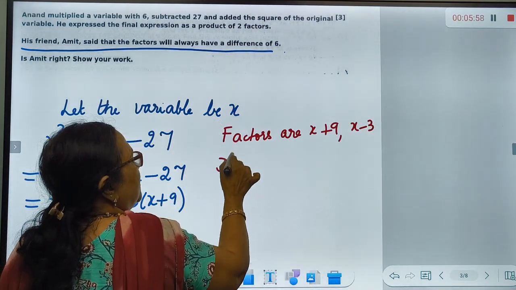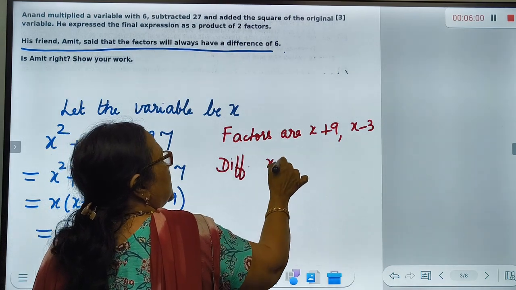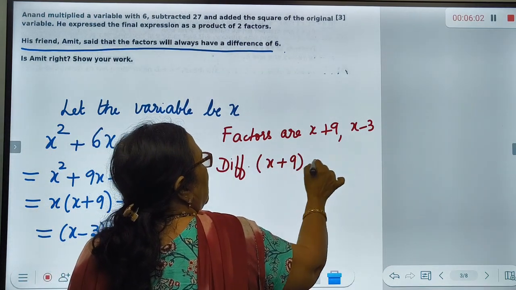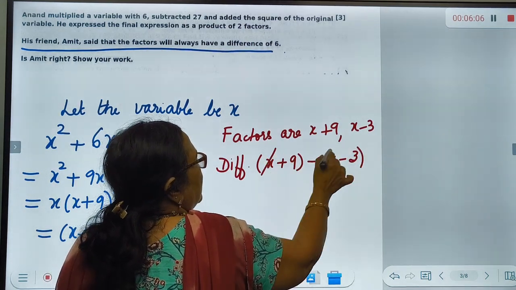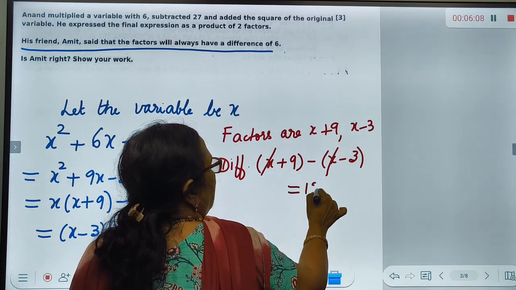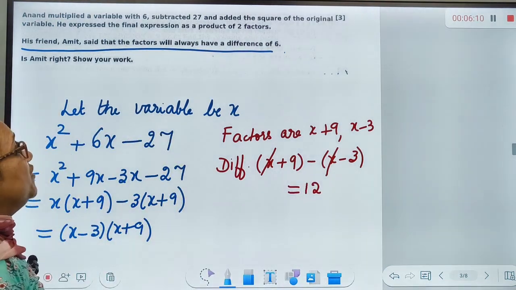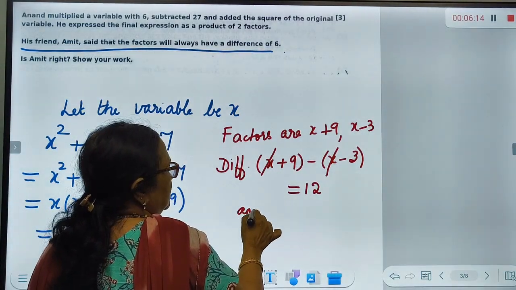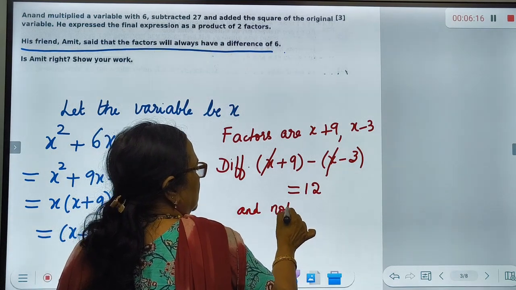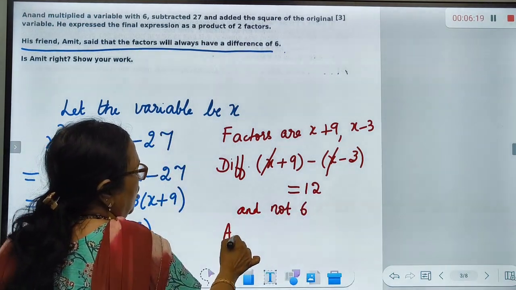So what will be the difference? x plus 9 minus x minus 3. x and x will get cancelled, giving you 12. So the difference between the factors is 12 and not 6. So Amit is wrong.